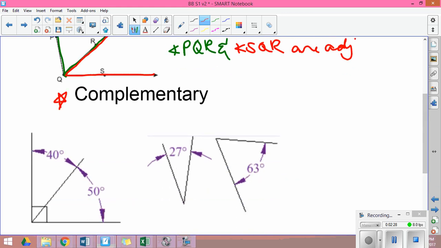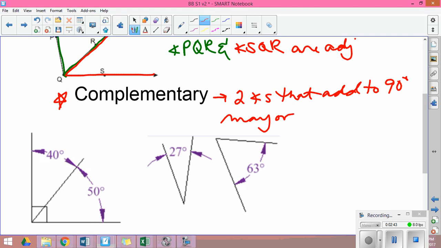Complementary is an important word, and you have to know that that means two angles that add to 90. Okay, they may or may not be adjacent, not necessary.